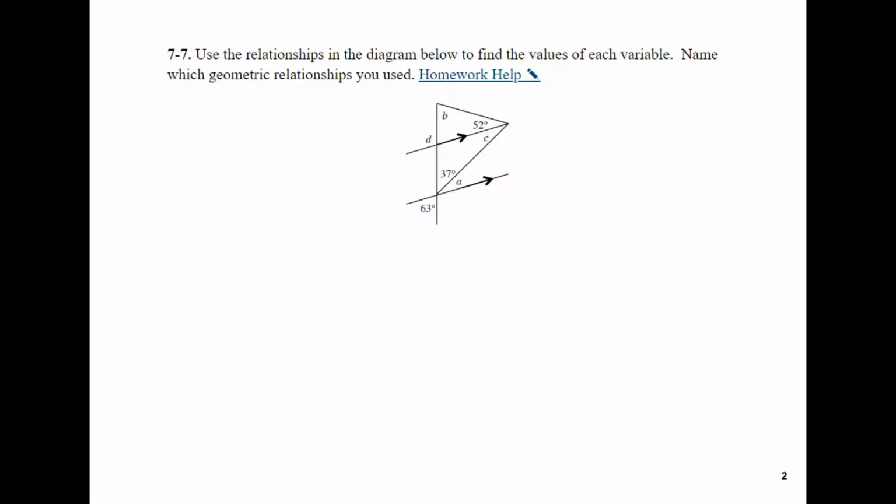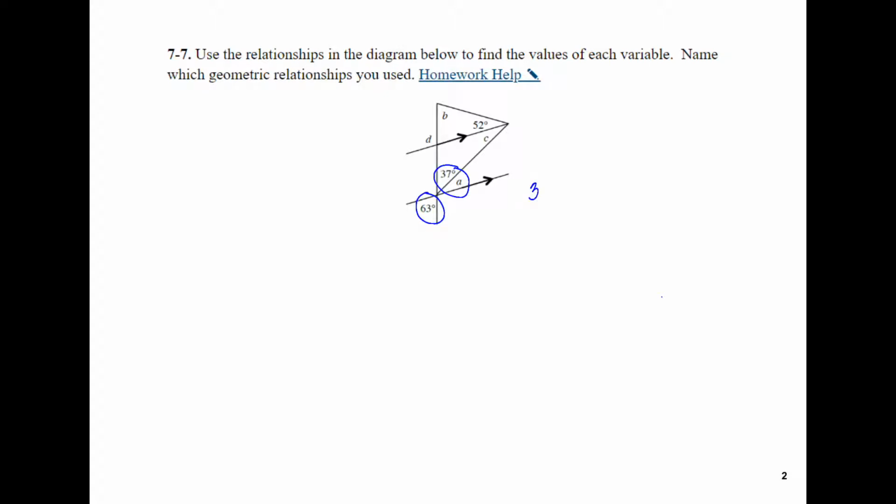7-7 says use the relationship in the diagram below to find the values of each variable. Name which geometric relationship you used. So when we are looking at our picture, if we want to find the measure of angle B, we need to find a couple other things before finding B. These vertical angles will be the easiest thing to solve for first.